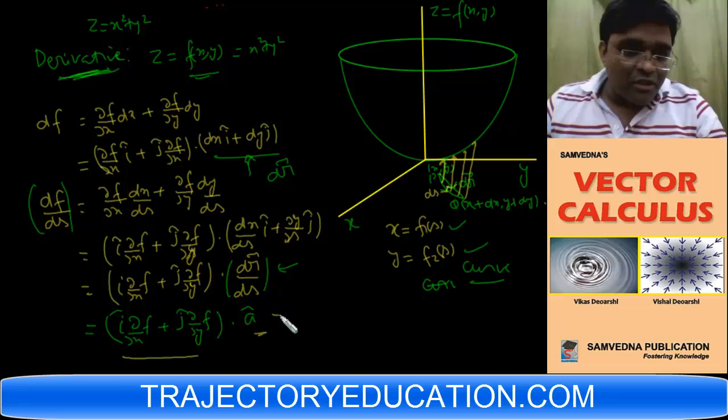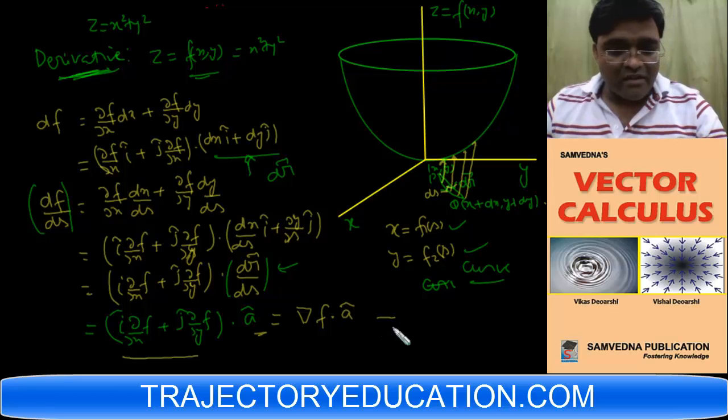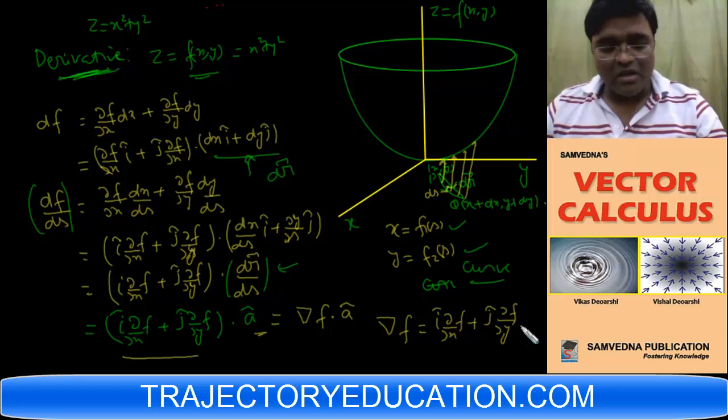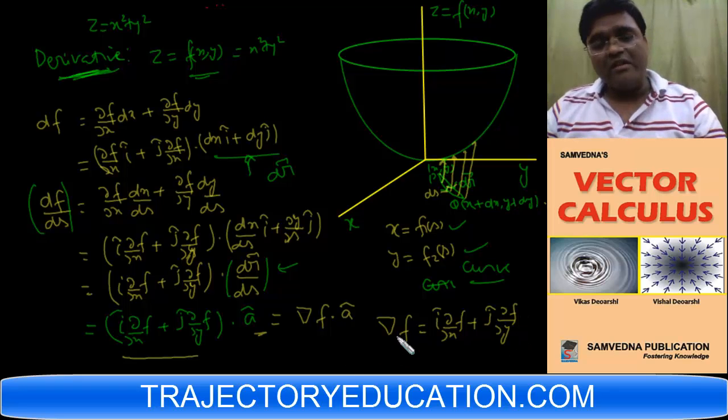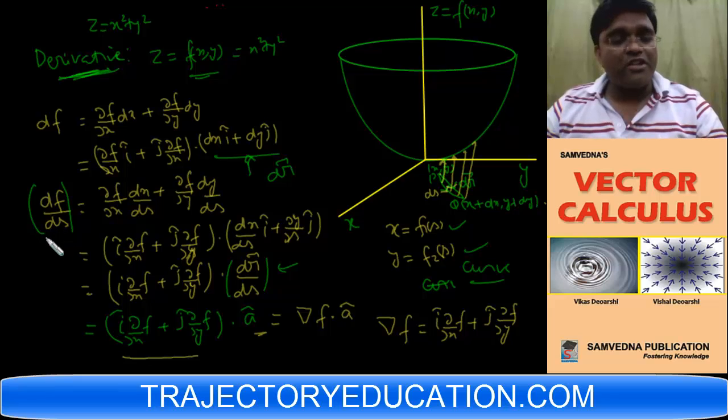So this can be further written as del f dot a, where I can define del f as del f by dx i plus j del f by dy. We call it the gradient of f.